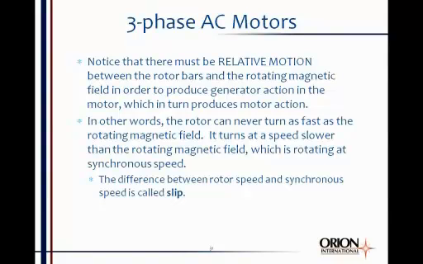The rotating magnetic field turns at a speed called synchronous speed, and the rotor turns at a speed which is slower than the rotating magnetic field. And the difference between rotor speed and synchronous speed is called slip. A typical two-pole squirrel cage induction motor at 60 hertz will produce a synchronous speed of 3,600 RPM, and the rotor will turn somewhere around 3525, 3550. So there'll be 50 to 75 RPM of slip.